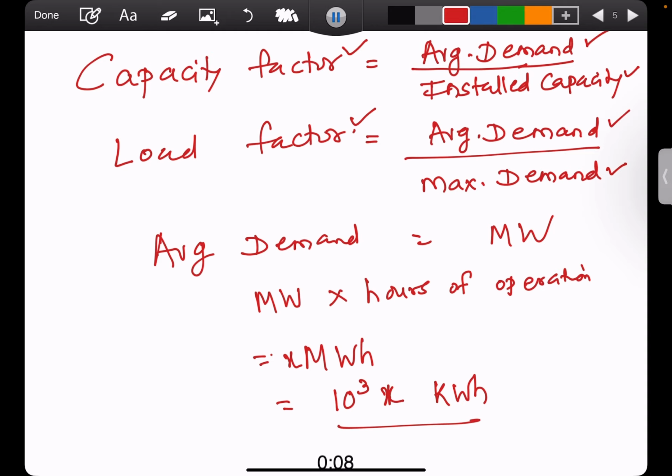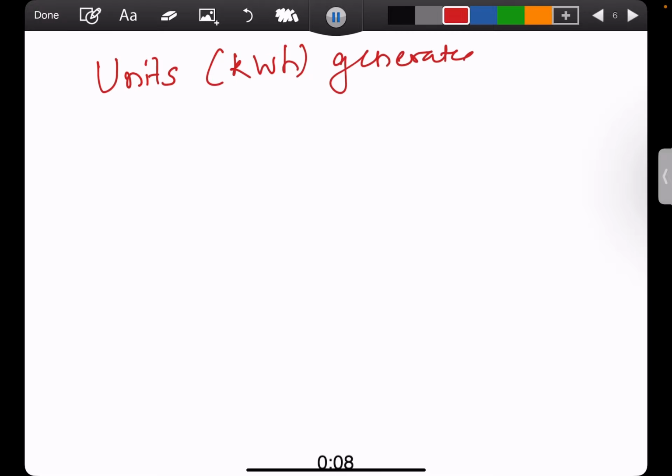This way we figure out the units generated. Now, the kWh generated from a thermal power plant is not the net unit. It is the units theoretically generated, but some of the electricity would be consumed by the power plant itself. That is known as the auxiliary consumption.